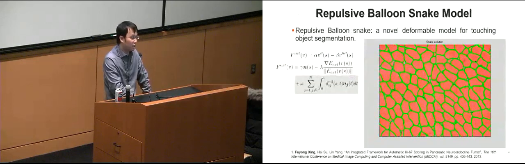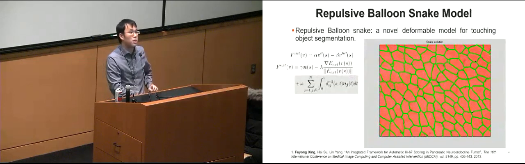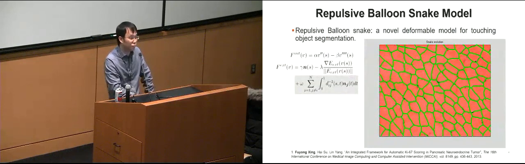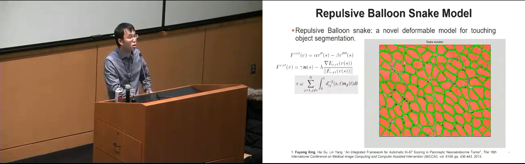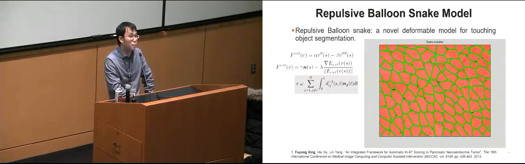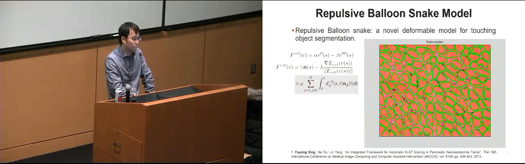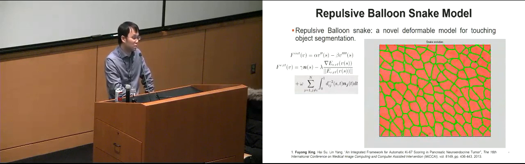And the idea is that this model is an active contour model. Given the initial contours, it will automatically move all the contours towards the real object boundaries by minimizing the energies defined in these two equations. And our contribution is that we introduce a new term here. We want to prevent the neighboring contours from crossing or merging into a single one.